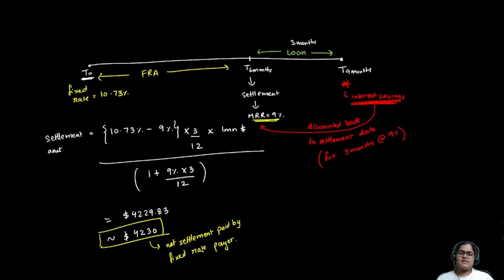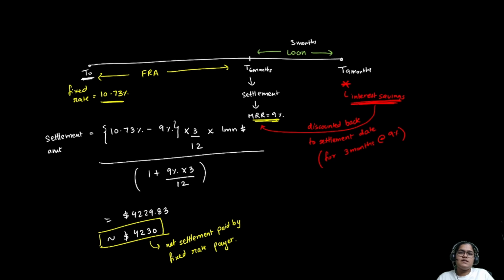Okay, so yes, did it make sense in retrospect for the lender to enter into the FRA? Yes, because he entered into the FRA, he is going to receive 10.73%. If he had not entered into the FRA, he would receive the floating rate, which would have been 9%. He was worried that interest rates would fall in the future, and his worry in retrospect was justified.